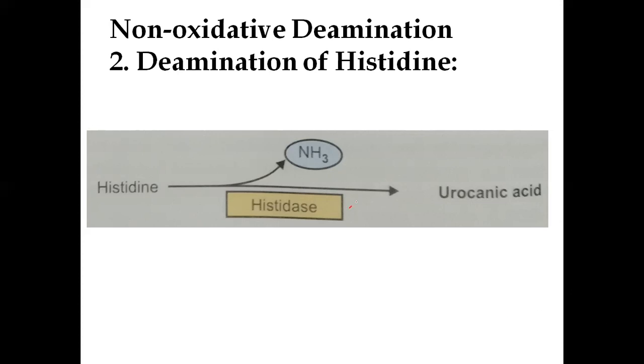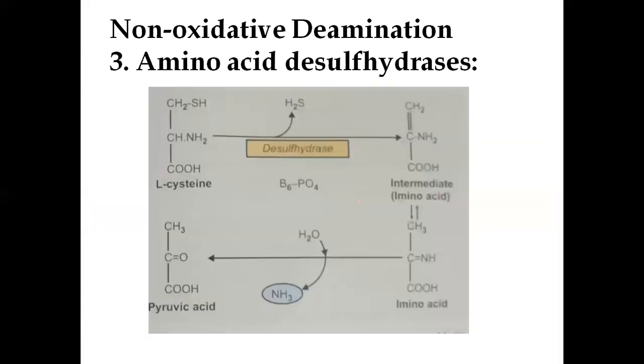This enzyme will remove the NH3 group and the histidine will be converted into urocanic acid. So histidine, in the presence of histidase, removes the NH2 in the form of NH3, that is deamination takes place, and the carbon skeleton will be converted into urocanic acid. So this is another deamination involving the histidine amino acid.